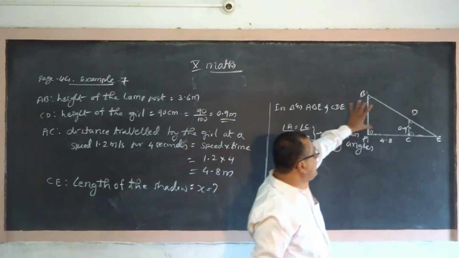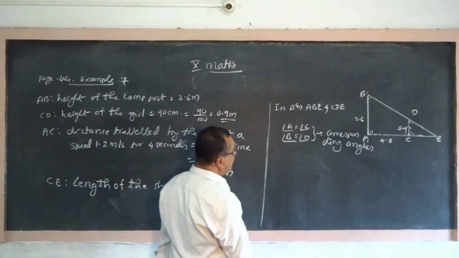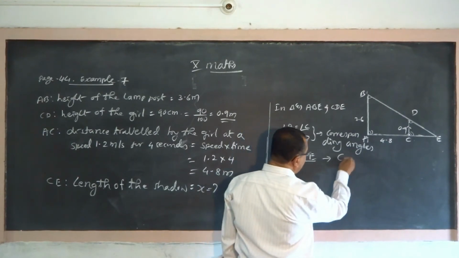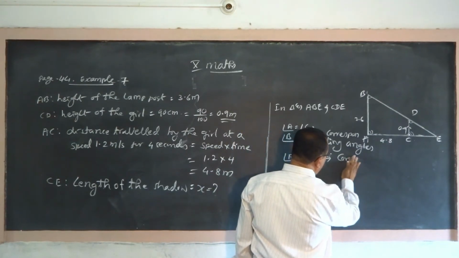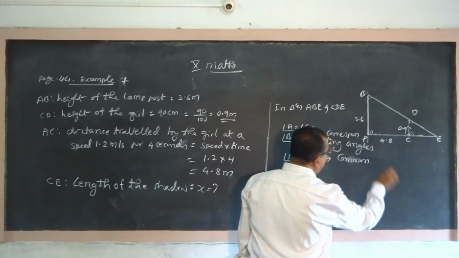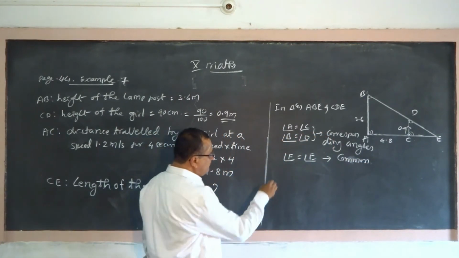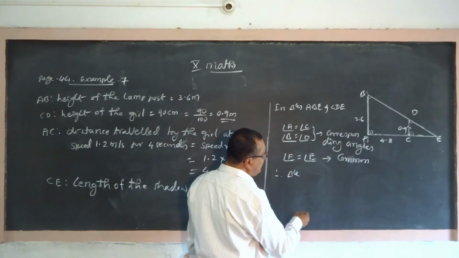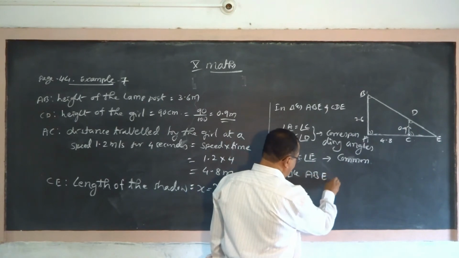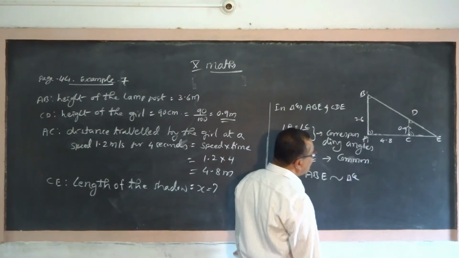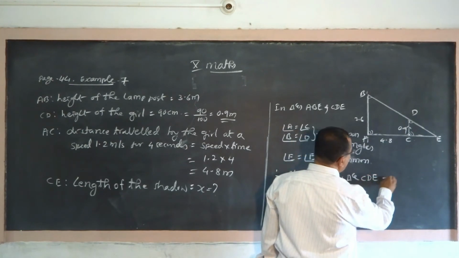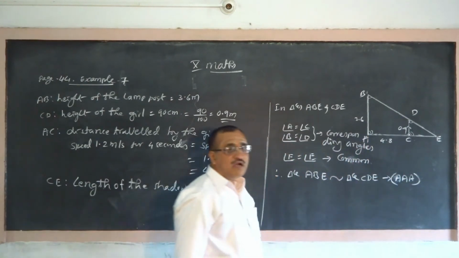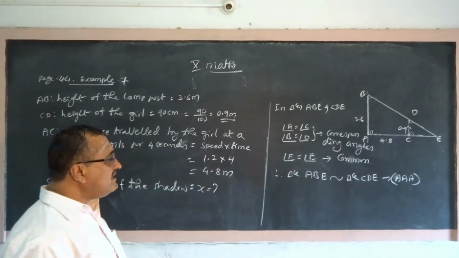Because AB is parallel to CD. Next, angle E is equal to angle E. Why? They are common angles. Therefore, triangle ABE is similar to triangle CDE. Why? AAA criterion theorem. According to AAA criterion theorem, they are similar.